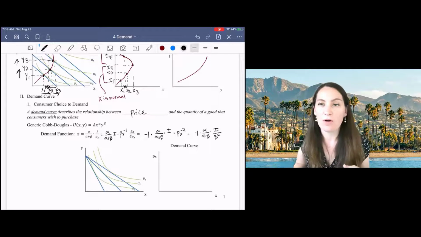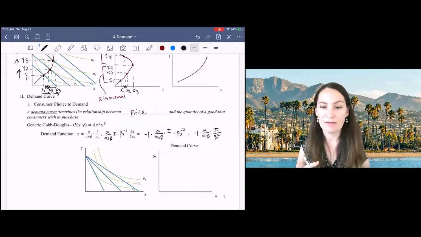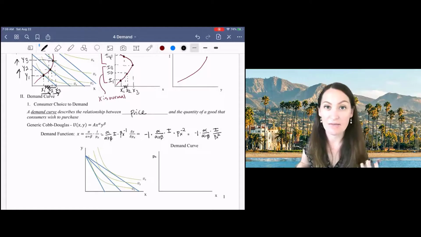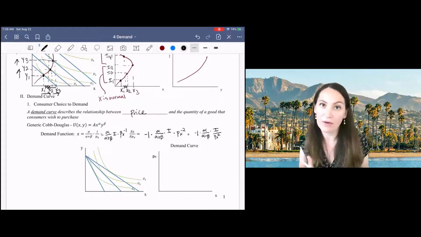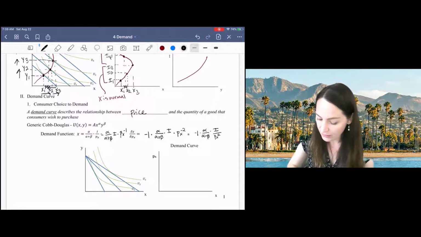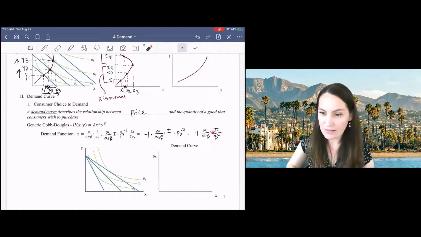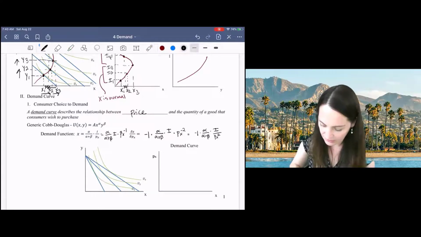Now, just like before, what we want to do is think about whether or not this is positive or negative, so we know whether consumption is increasing or decreasing with price. Here, my alphas and my betas are positive, my income is always positive, my prices are positive, and it's squared anyway. So this segment here is all positive.